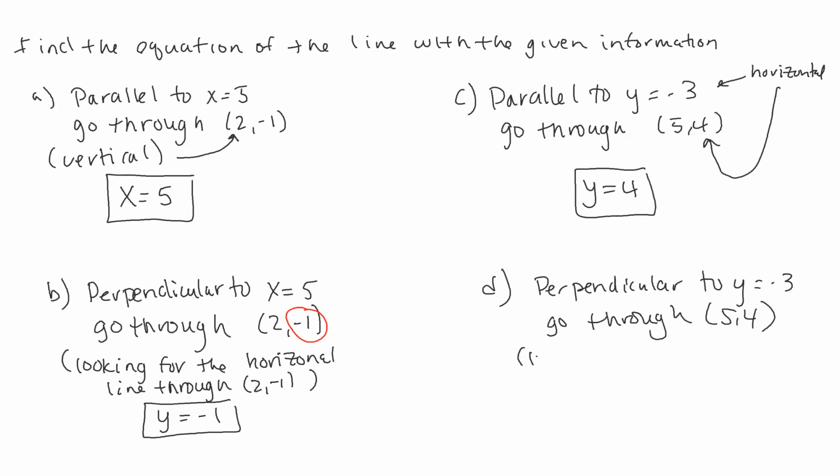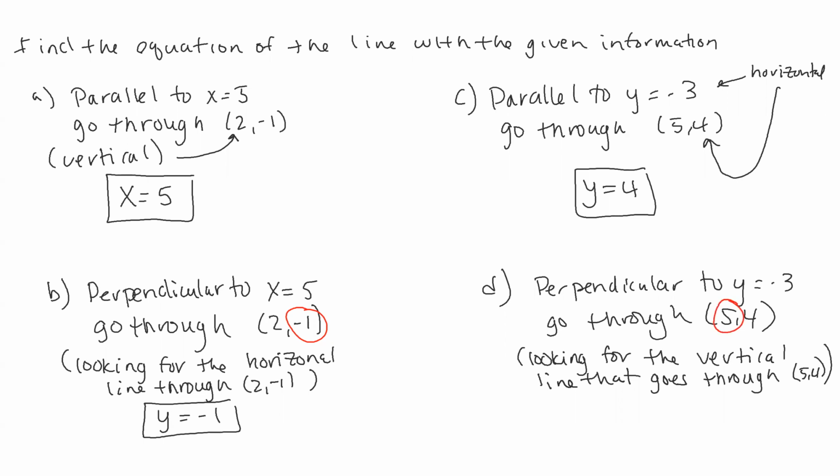So we're looking for the vertical line that goes through 5, 4. Vertical lines have to have the x coordinate. So the equation here would just be x equals 5.